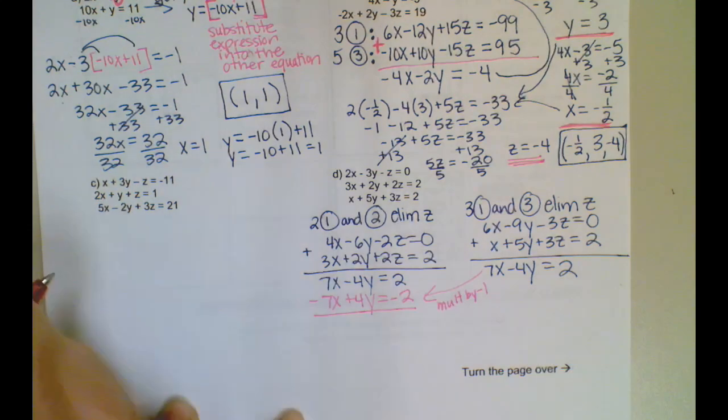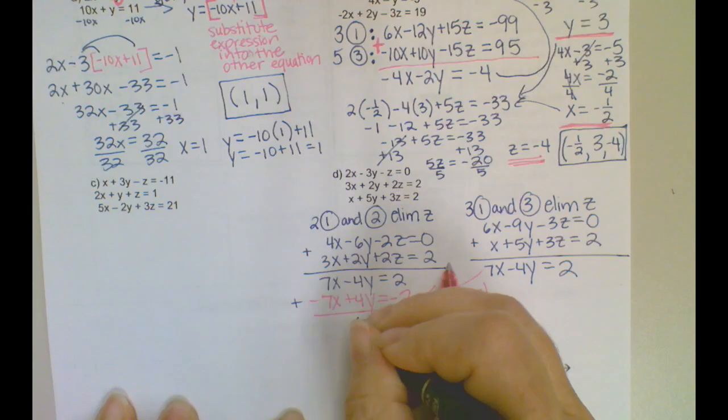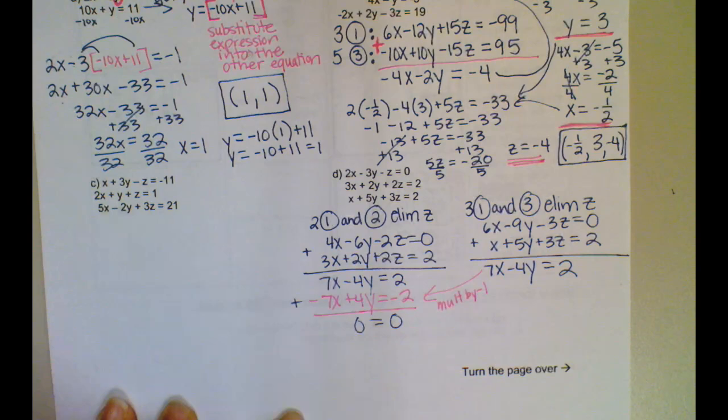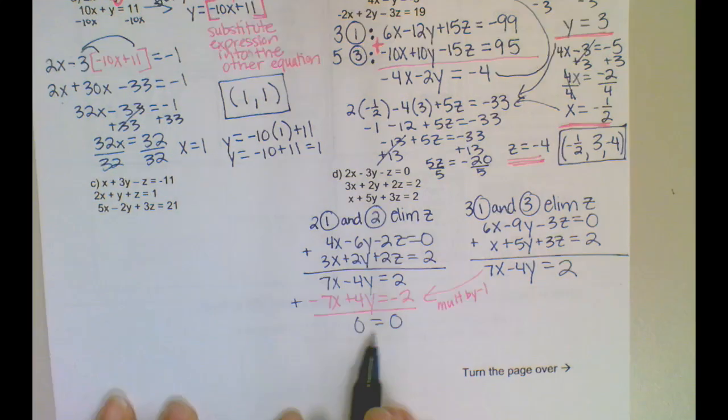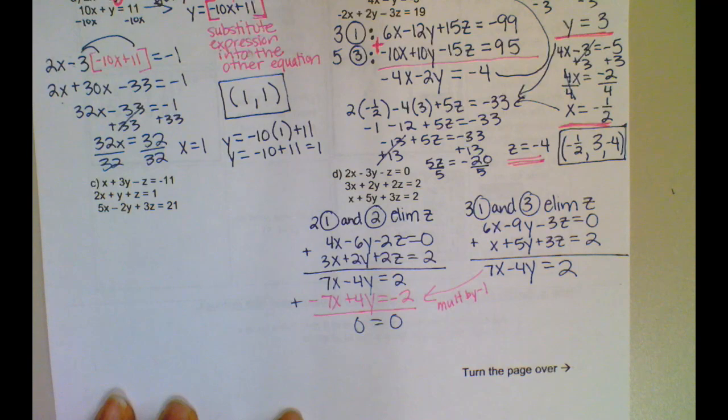When I add those then, I get 0 equals 0, which tells me what about my solutions? Infinitely many. If you have forgotten how to tell the difference algebraically between no solution and infinitely many solutions, in both of them, all your variables drop out.